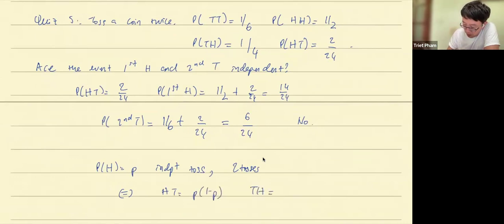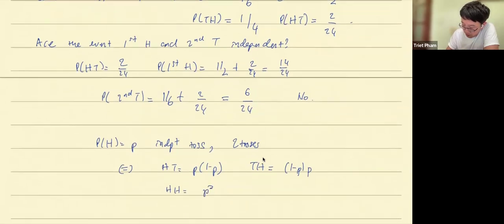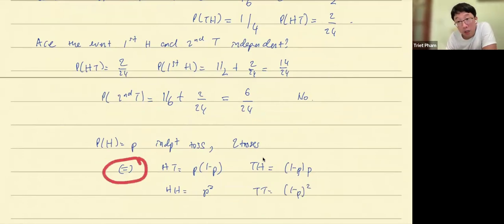Tail head to be 1 minus p times p. Head head as p square. Tail tail as (1 minus p) square, right? So the key is that it's equivalent, not that it's implied.